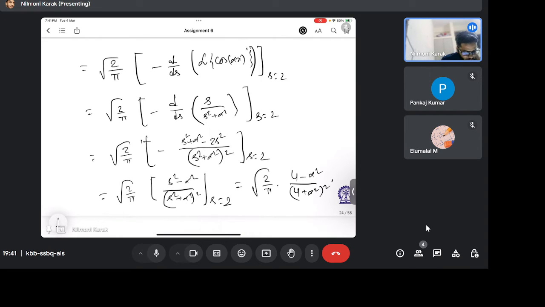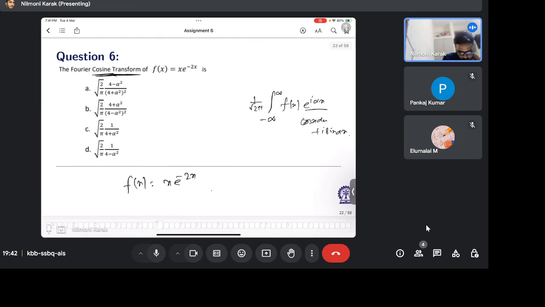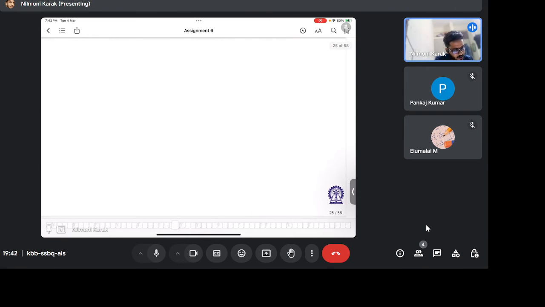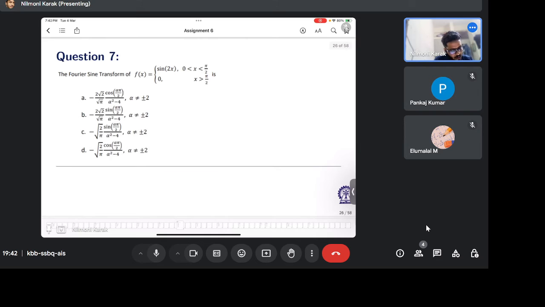I hope it is clear, right? Root 2 pi. Yeah, so option A, right? Option A. This is the only trick actually.